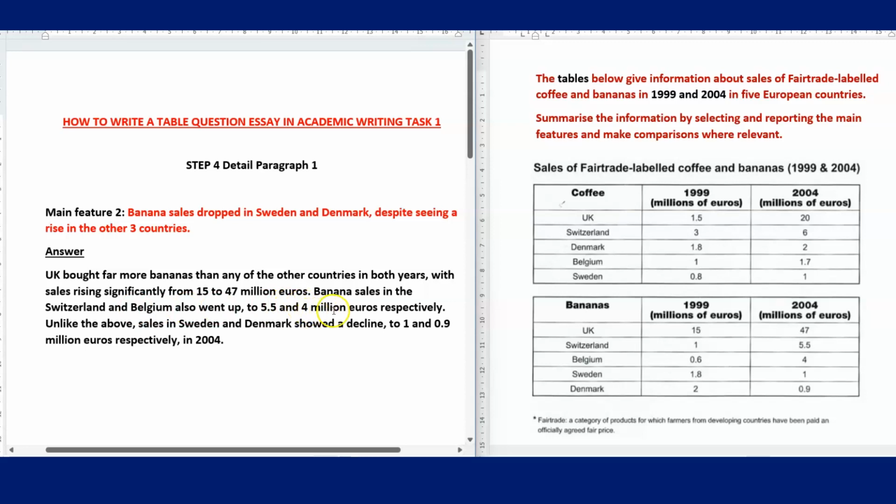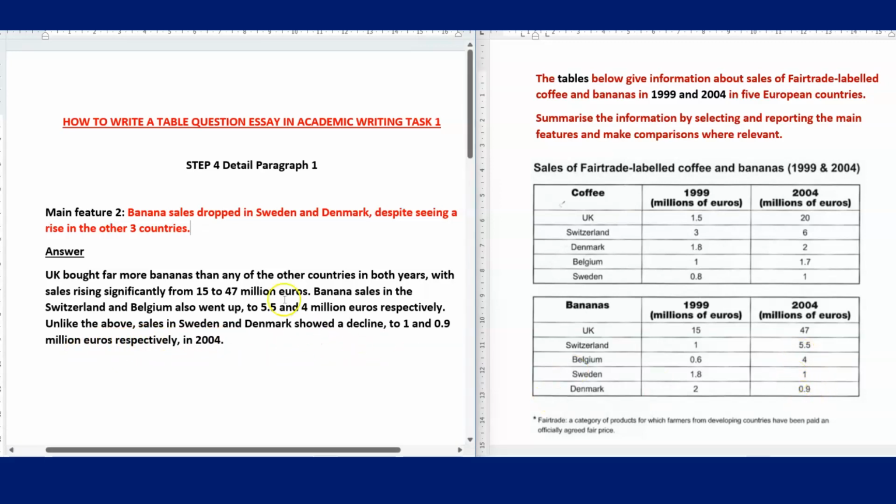But we did not just write 4, we wrote 4 million euros, because that is the unit of measurement there. Unlike the above, sales in Sweden and Denmark showed a decline to 1 and 0.9 million euros respectively in 2004.